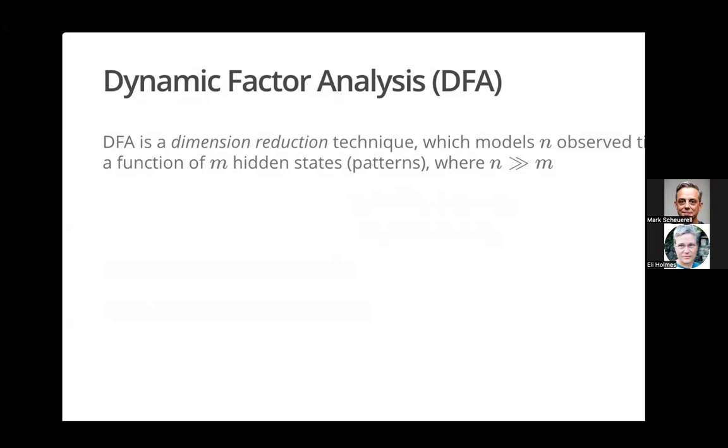The idea is that we have some number of observed time series, I'm calling it N, and we want to model those as a function of some number of hidden states, M. We want M to be much, much smaller than N. In the example I started with, N was 25 and M was 3. So the idea here is we're generally looking for common patterns in the data over time.